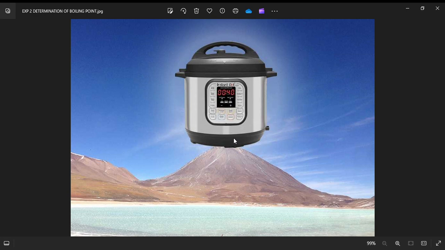So a liquid gets to its boiling point when the temperature of the liquid is at equilibrium with its own vapor pressure. And where is the temperature of the liquid coming from?